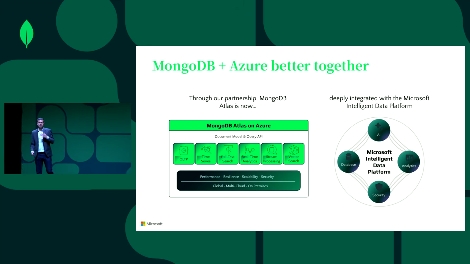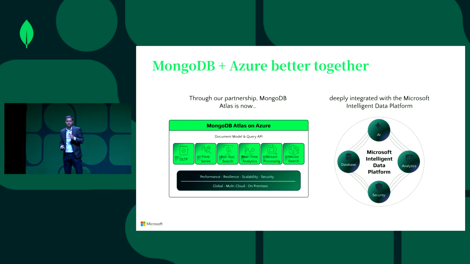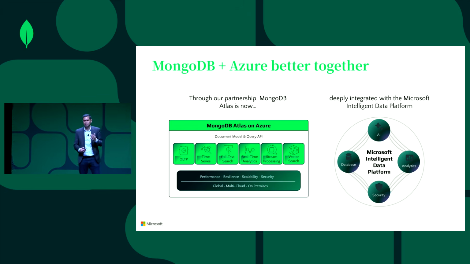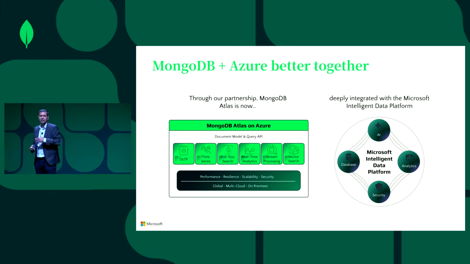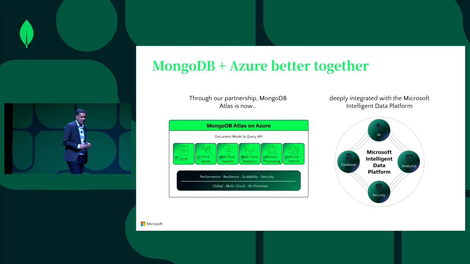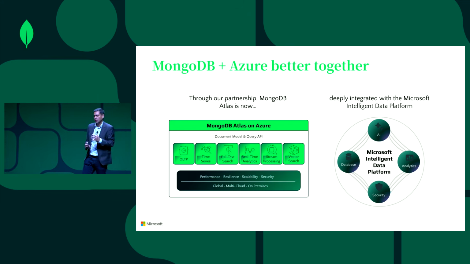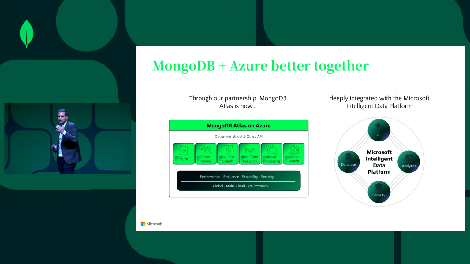Like all of you, I'm super excited to learn about all these innovations in MongoDB Atlas to deliver the next generation of search and AI workloads. Now, to realize the full potential of all these innovations in MongoDB Atlas, you need a cloud provider such as Microsoft Azure, which is a leader in AI.